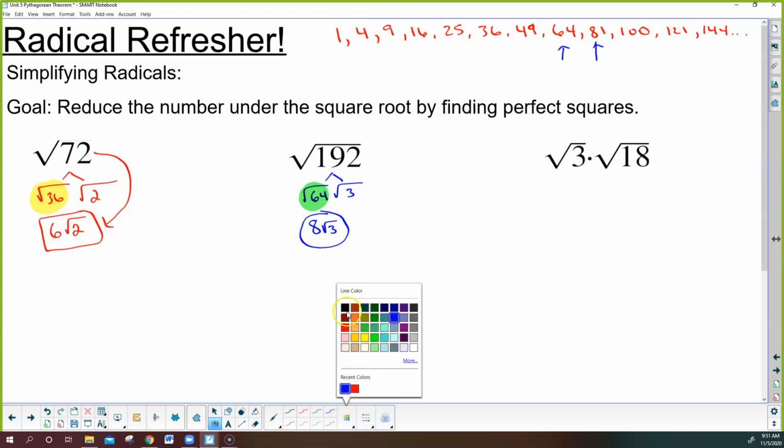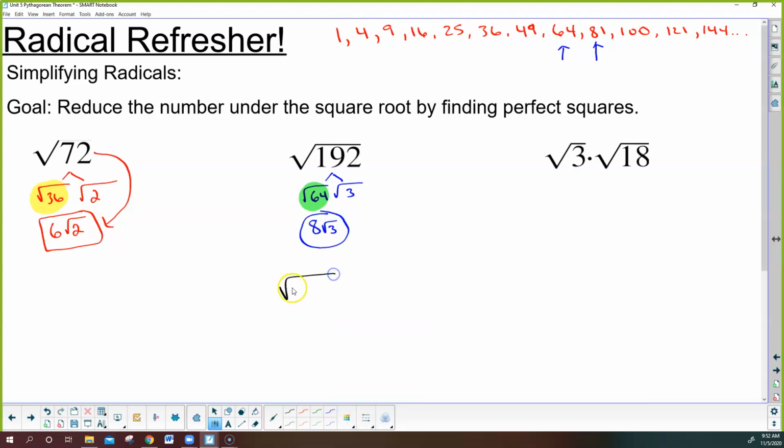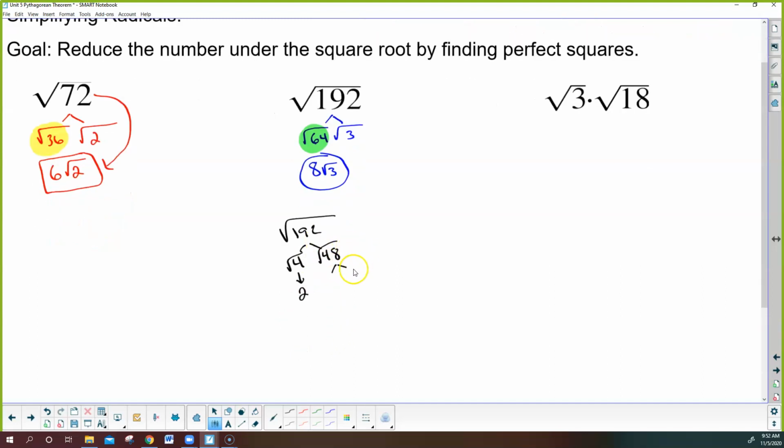Now, you don't have to write this, but what if you didn't pick the largest perfect square? Let me show you just quick. What if you were like, ooh, well, I know 4 and 48 go into it. Okay, cool. We know the square root of 4 is going to be 2, right? But that just means you have to keep looking at what's left over.